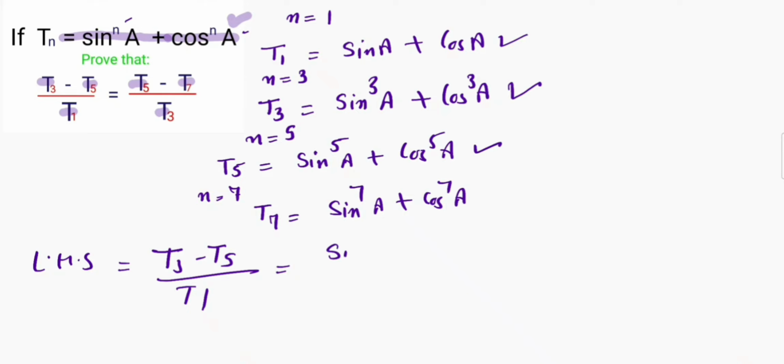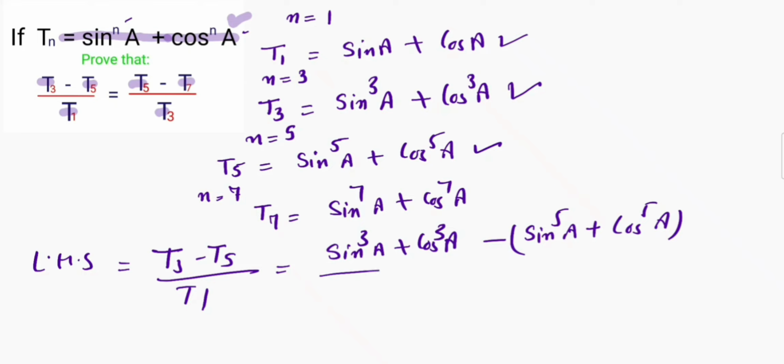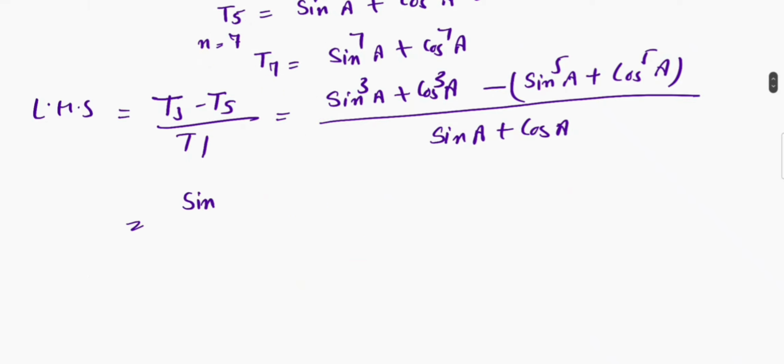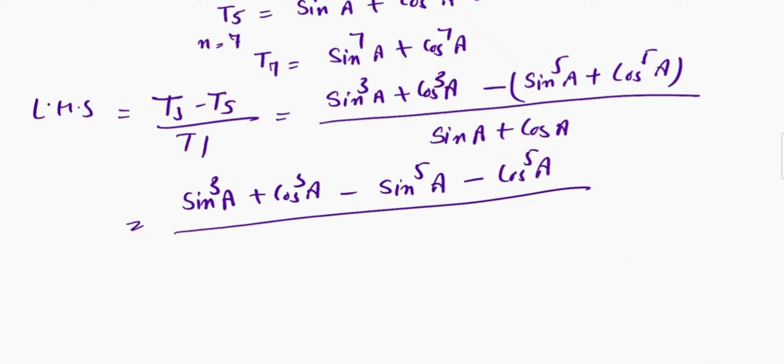So I'll get T3 is equal to (sin raised to power 3A plus cos raised to power 3A) minus (sin raised to power 5A minus cos raised to power 5A), brackets and put plus, divided by this is sin A plus cos A. So now I'll solve this sin raised to power 3A plus cos raised to power 3A. Then I'll multiply this negative inside. So I'll get sin raised to power 5A minus cos raised to power 5A divided by sin A plus cos A.